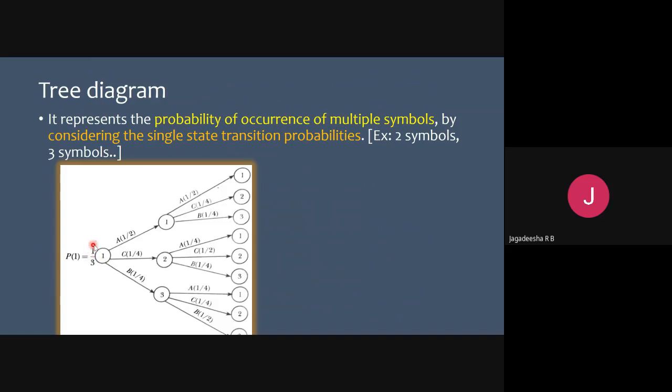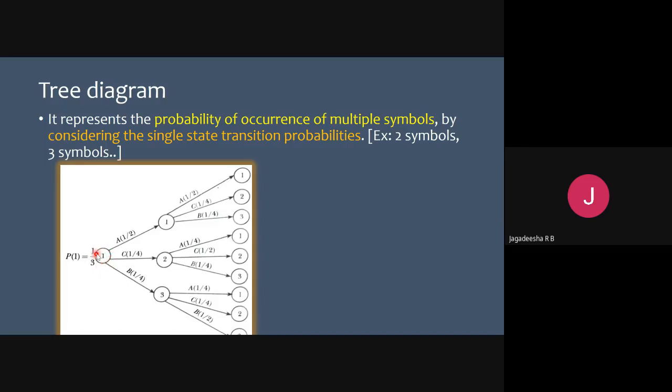We said initially it can be in any of the states. So we assumed that if it was in state 1, its probability was 1 by 3. This is the information given to us. We will start our process of writing the tree diagram from here.